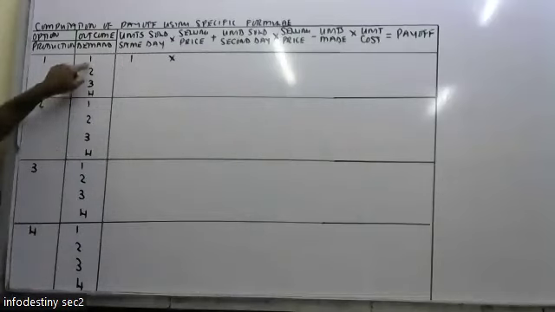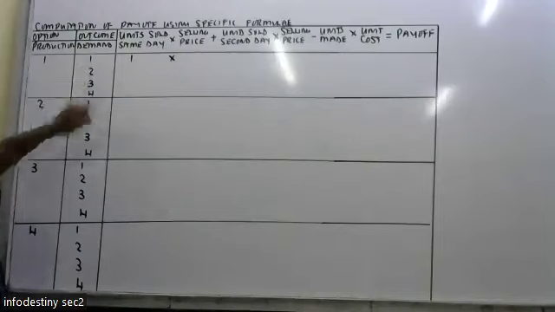Times the selling price of a cake sold that day from the question, that is 130. Each cake costs 70. And if it is sold the same day, the amount is 130.